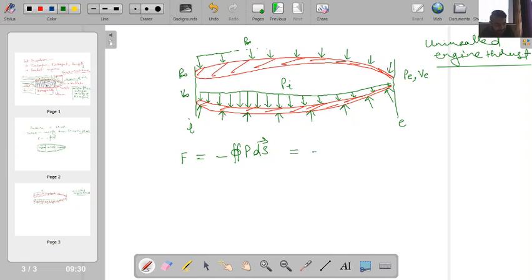So I can write minus double integral of P infinity into ds vector, and I have some internal pressure which is acting on this inside surface. So I can write minus double integral of Pi and ds vector. Okay. Now this resultant force F which is acting on the engine can be at any angle. Okay.